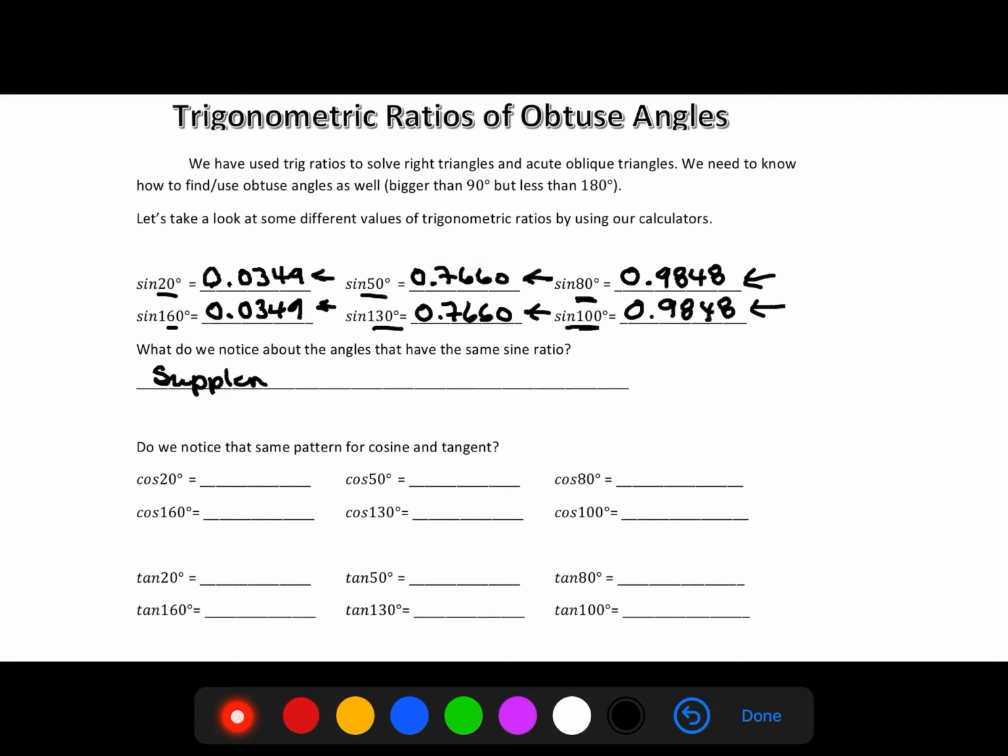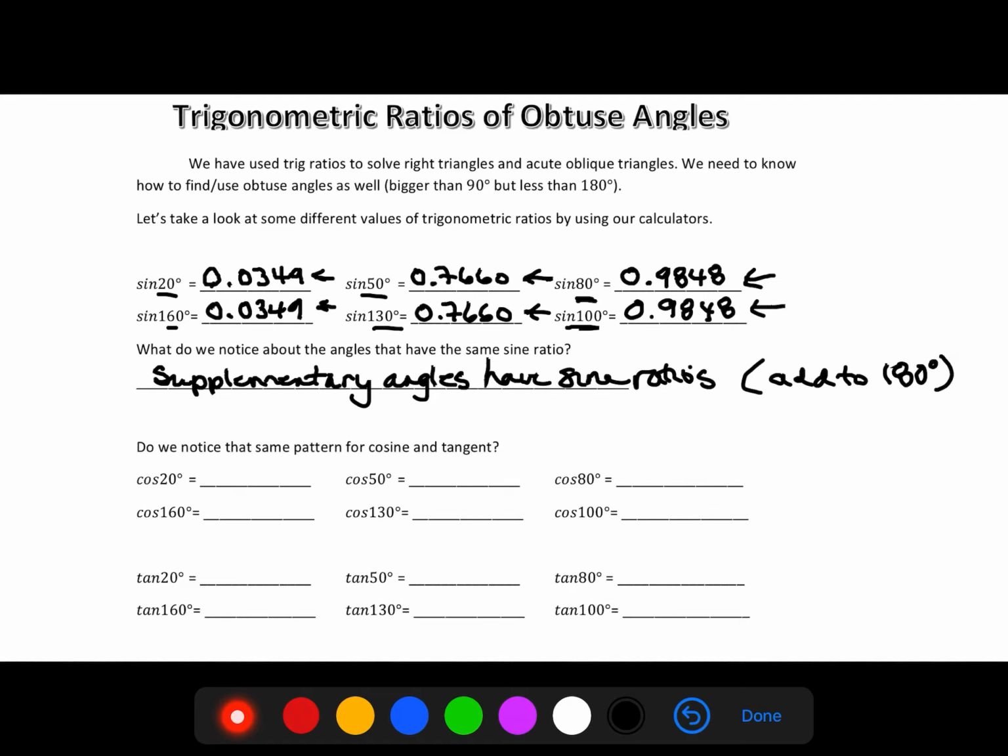So we notice that supplementary angles have the same sine ratios. And again, supplementary means that they add to 180 degrees. So we can see that if we were to choose 5 and 175, 2 and 178, 55 and 125, all of those would have the same sine ratio.